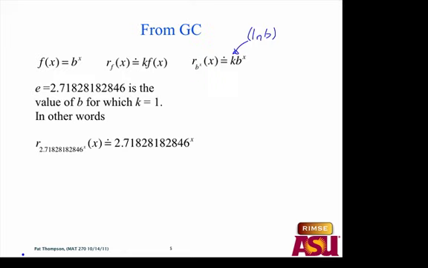So this is saying the rate of change of e to the x with respect to x is exactly the function e to the x. So there it is in exact form.